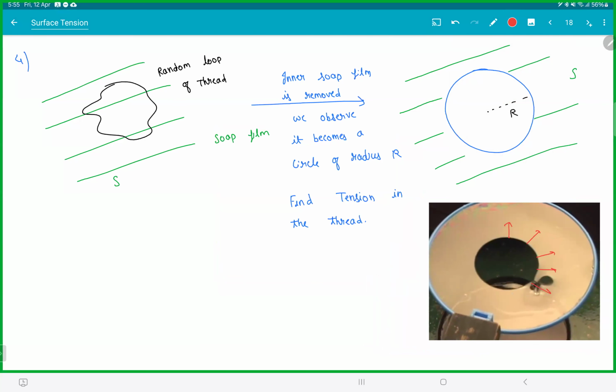This generates the tension in the string. The standard equation. So initially, why is the loop of thread random? That is because the surface tension is pulling in both the directions, so the thread can be in any shape. The net force is 0. But when you puncture the inner film, the surface tension from outside will pull it equally in all directions. This is what happens.